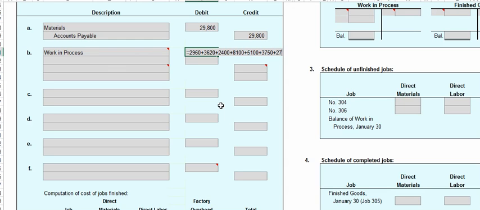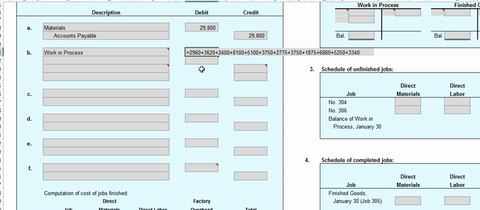So plus 2775 plus 3750 plus 1875 plus 6860 plus 5250 plus 3340.